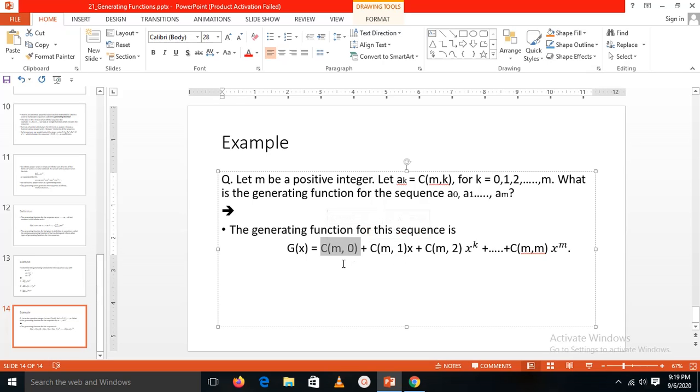Same, C(m, 1)x plus C(m, 2)x^2 up to C(m, m)x^m. So finally we get the equation by using the definition of the generating function.